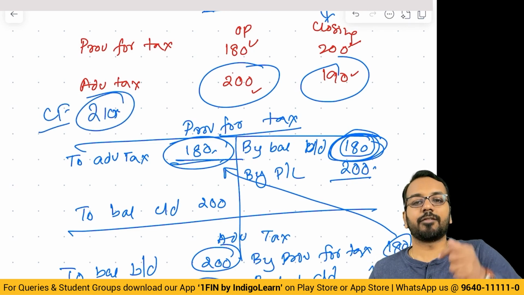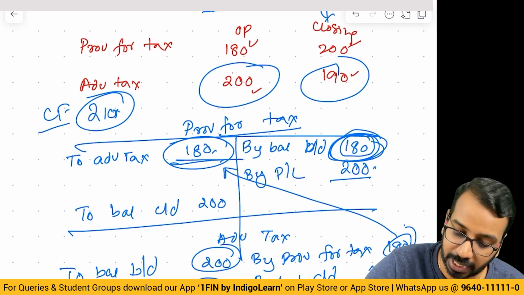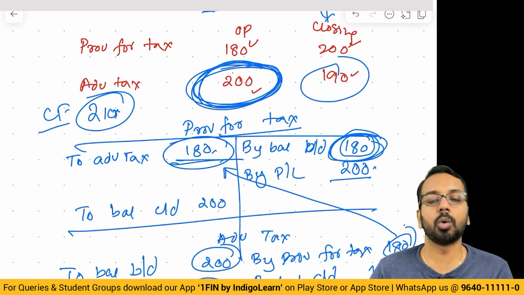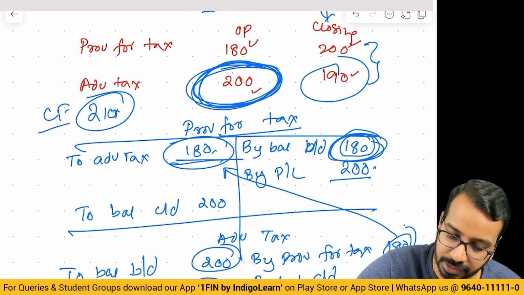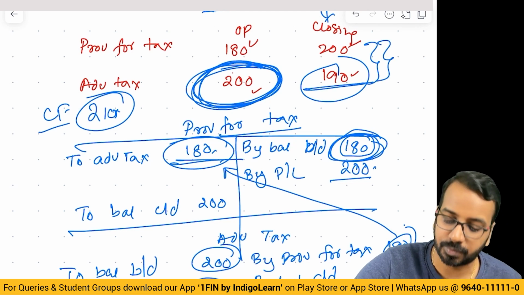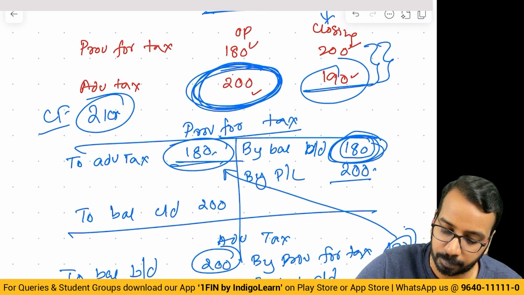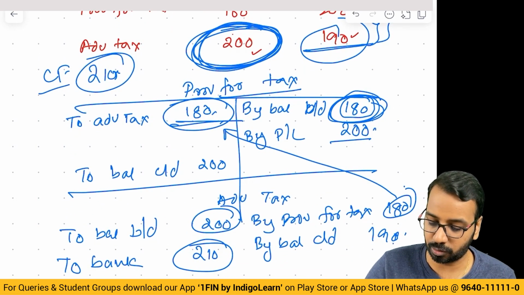Now the easy way for you to remember this in the examination for cross-checking purposes, you can take the closing balance of advance tax and whatever is the difference in the opening balance, and you can adjust it accordingly. For example, oh, I did it the opposite way, I highlighted it opposite.